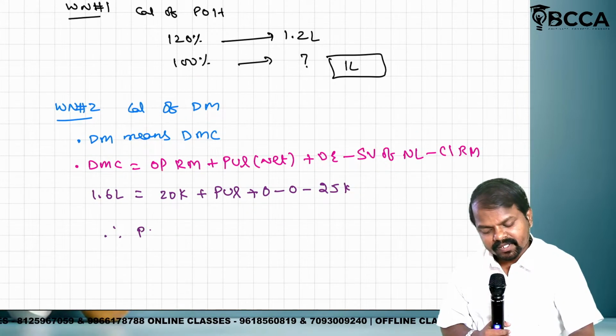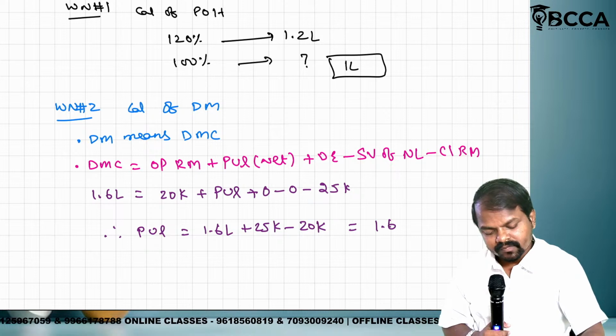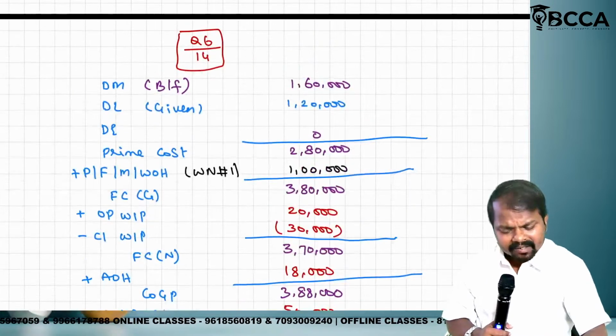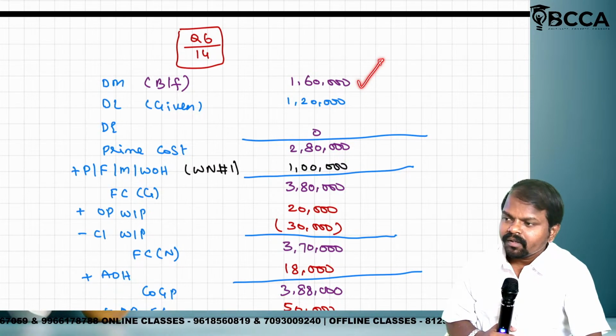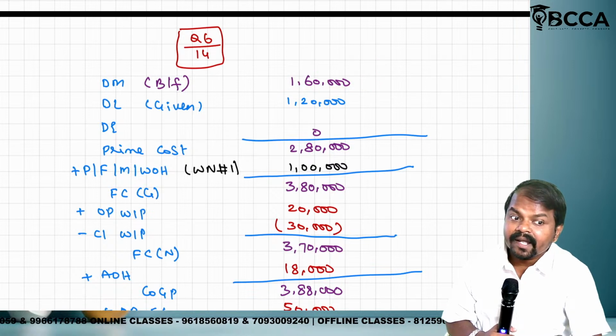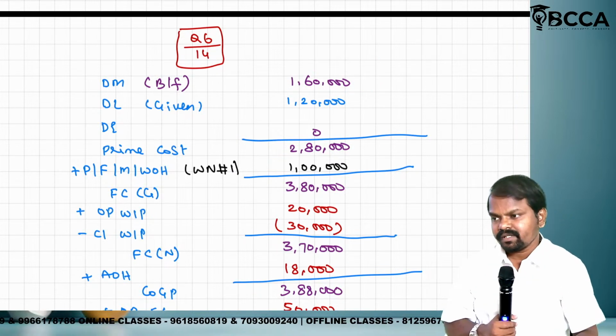Therefore, purchases is equal to 1,60,000 plus 25,000 minus 20,000, that is 1,65,000. This is called direct material purchases. Purchases are different from consumption.